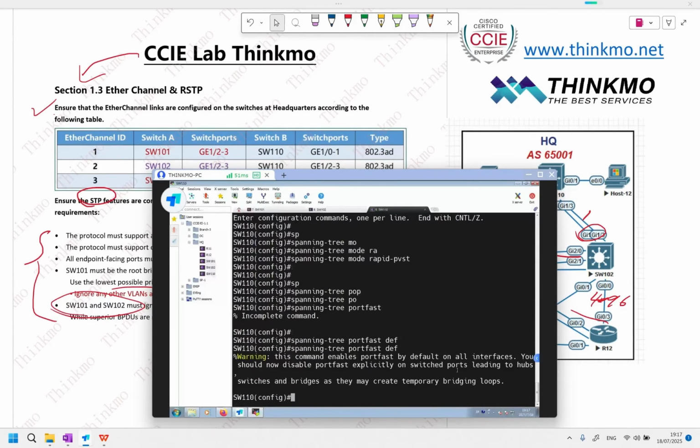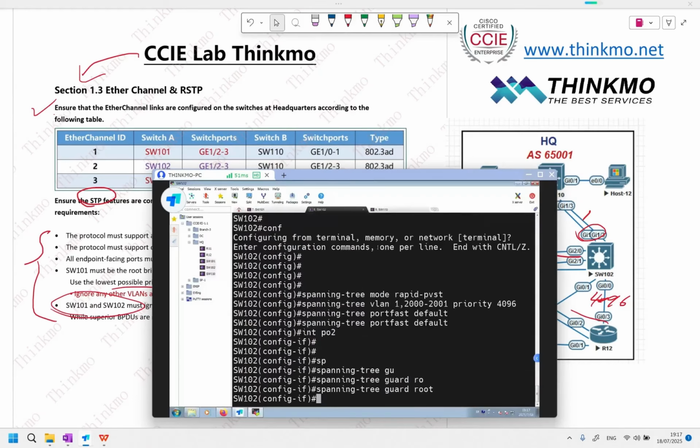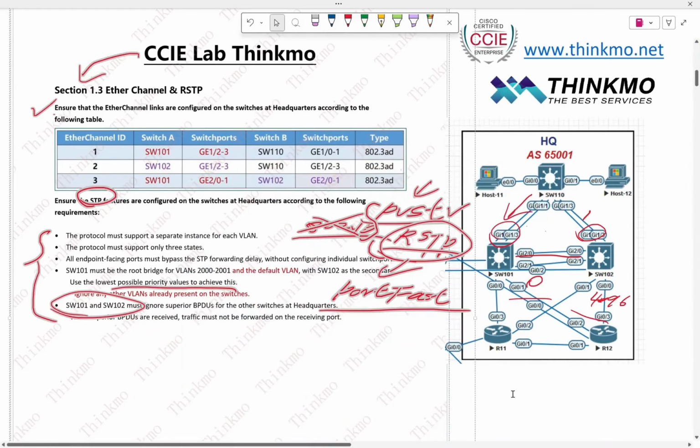After you enable the feature, there will be a warning here. Don't worry about it. That's normal. With this, the requirement is fulfilled. This requirement is actually quite simple.